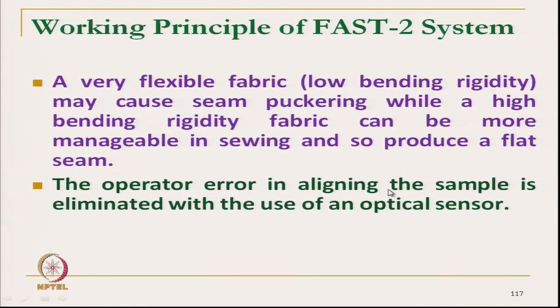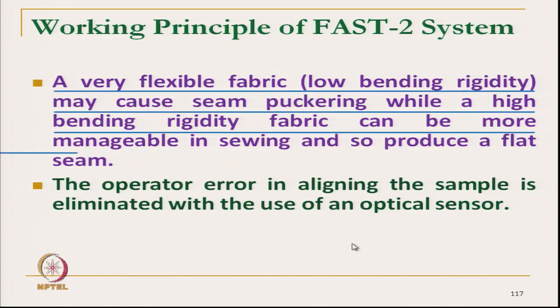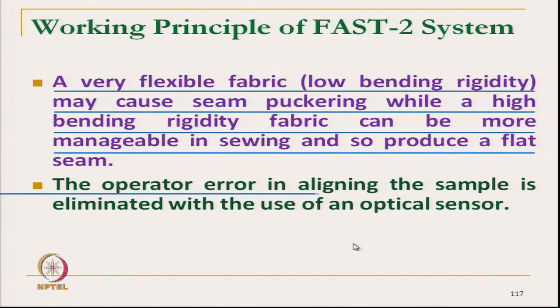So, that way we can get an idea about the performance of the fabric during the sewing operation, and the operator error in aligning the sample is eliminated with the use of an optical sensor.